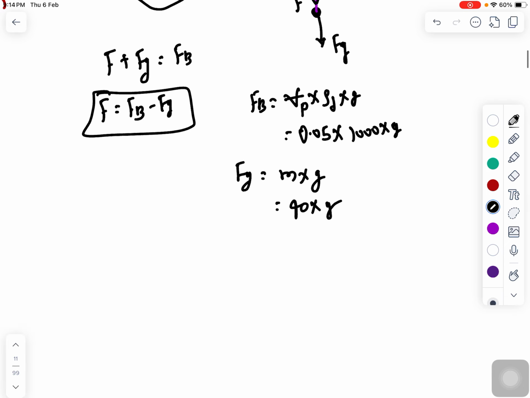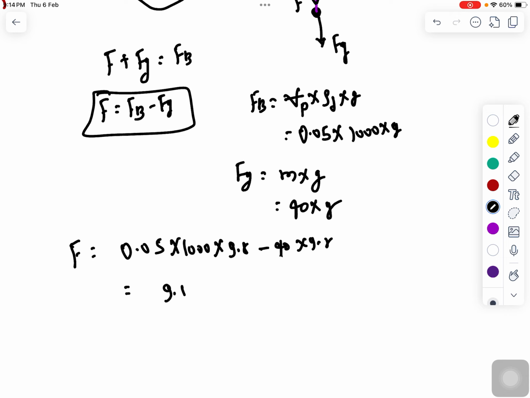Is that clear? So if I want to calculate F, that can be written as 0.05 into 1000 multiplied by 9.8 minus 40 multiplied by 9.8.